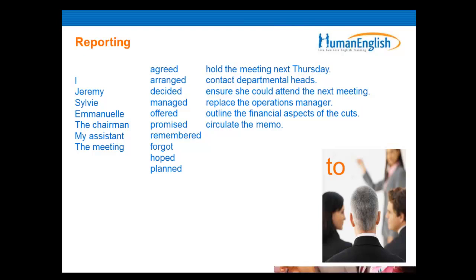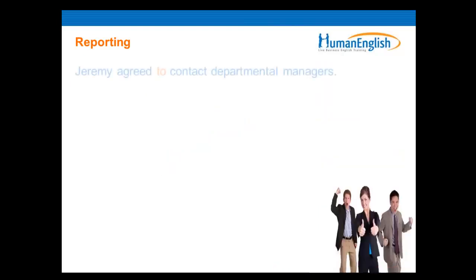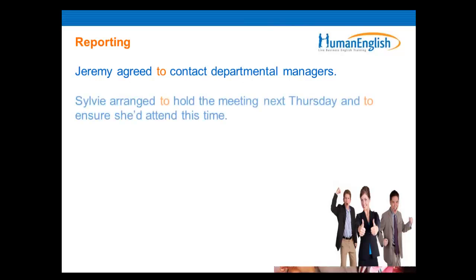Okay, so let's look now at some sentences, and that can help you to understand how we can report action points. So Jeremy agreed to contact departmental managers. Agreed to. Okay. Sylvia arranged to hold the meeting next Thursday and to ensure she'd attend this time.